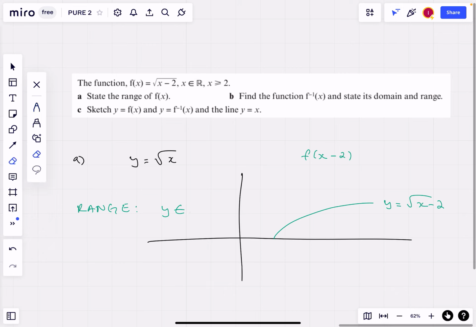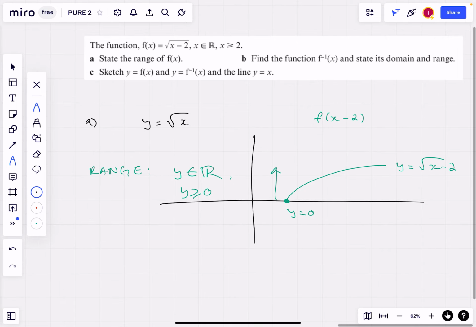Let me try again, hold on. There we go. y can be any real value, and then comma, provided that it's greater than or equal to 0. Because at this point, y equals 0, and it has no limit above that. It's going to continue on going up and up and up forever. So there's no upper limit to it.